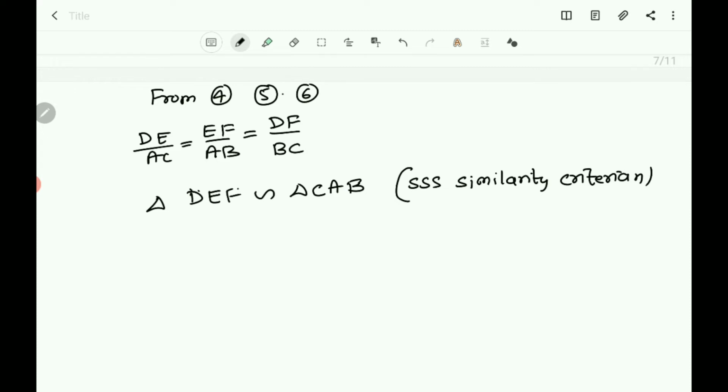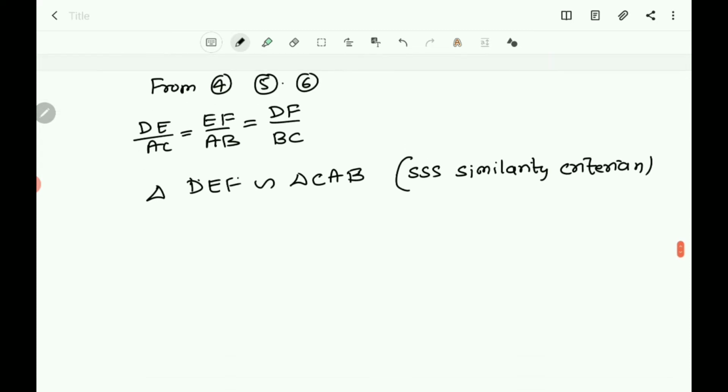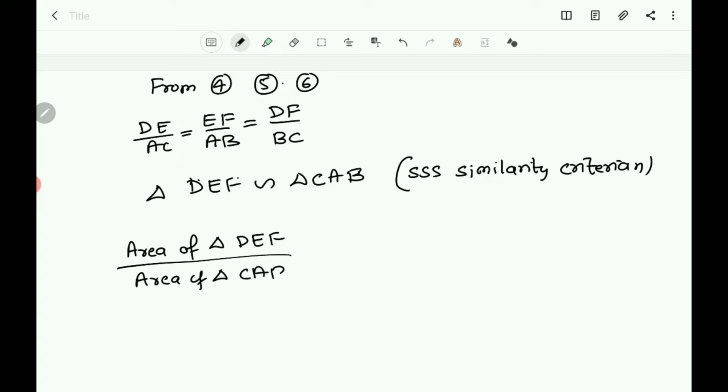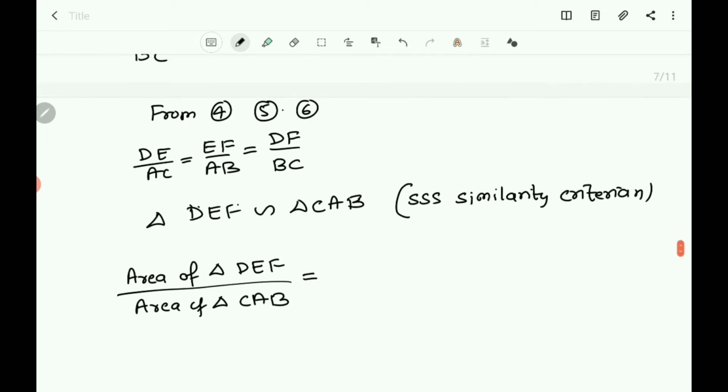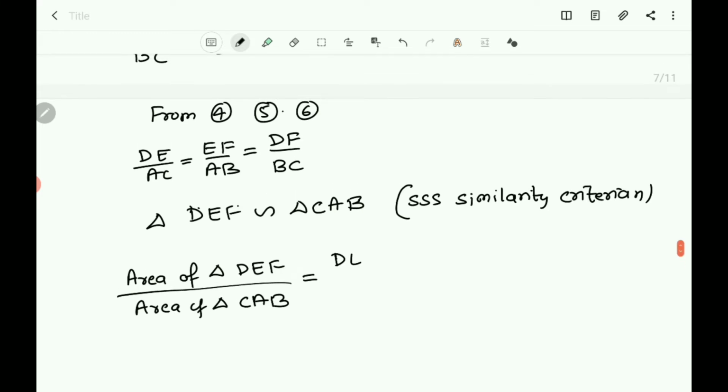Therefore, next you take the ratio. What you have to prove? Area of triangle DEF by area of triangle CAB is equal to (DE by CA) whole square.